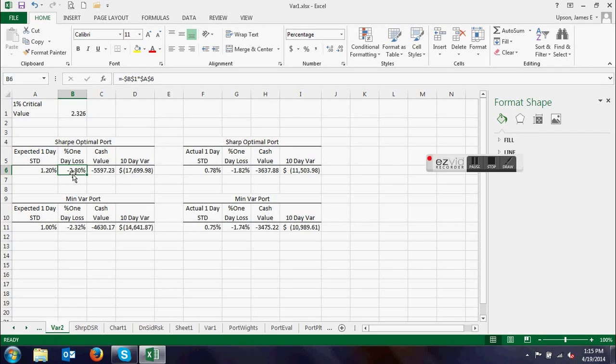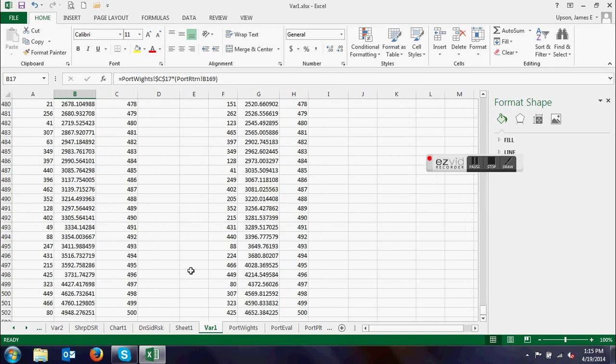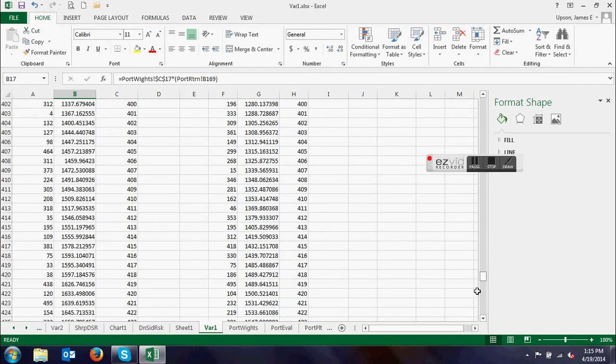And then the cash value of a 1% probability loss is going to be portfolio weights, C7, or in other words, 200,000 times the one-day loss, which is $5,597.